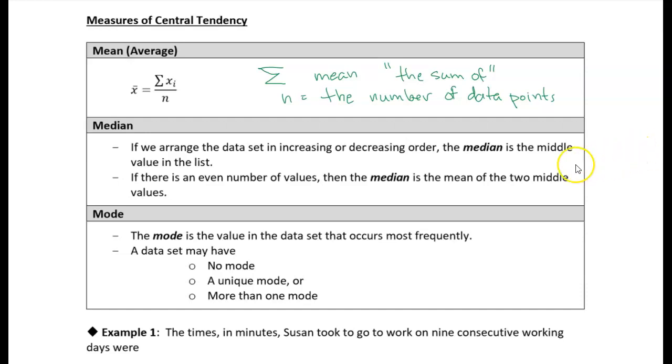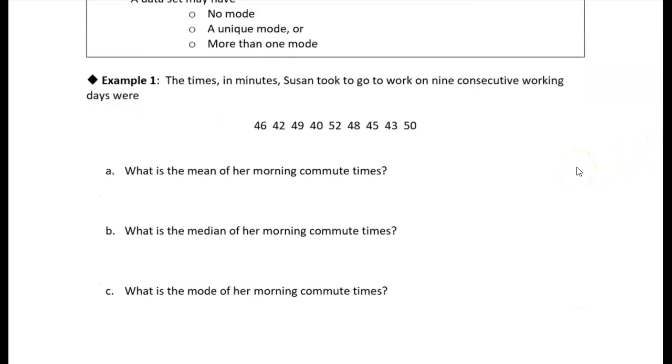So let's take a look at an example. We have a set of data. Example 1 says the times in minutes Susan took to get to work on 9 consecutive working days were the following. So this is how many minutes it took her to get to work, and we're asked for the mean, the median, and the mode of these commute times.